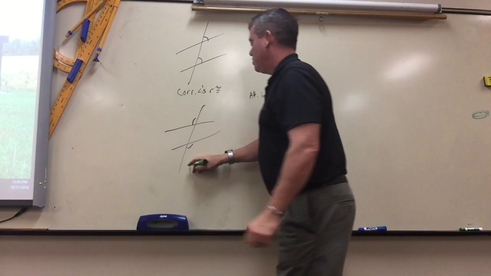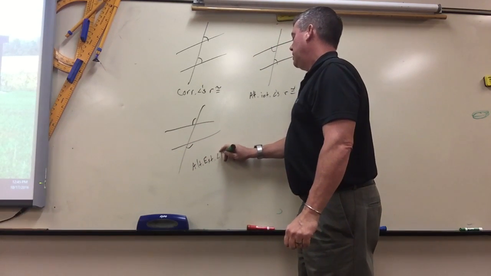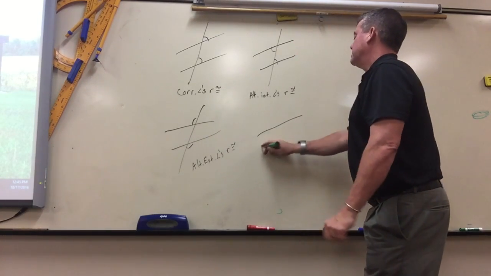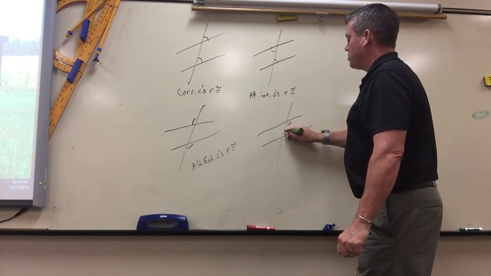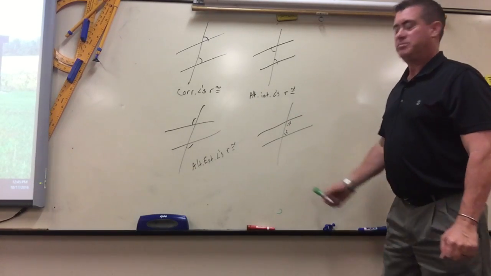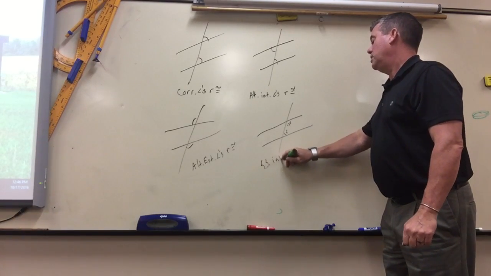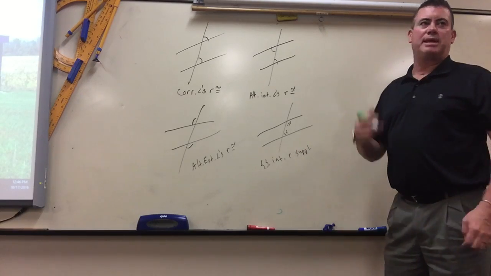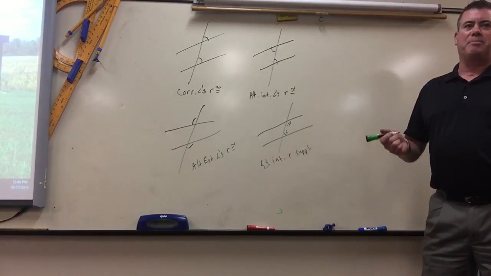If you knew this, you'd say alternate exterior angles are congruent. On this one, they actually would put the numbers in there for you to see that. Same side interior are supplementary. A lot of times people get that in their mind, they keep putting congruent, congruent, congruent. So remember, it's supplementary.